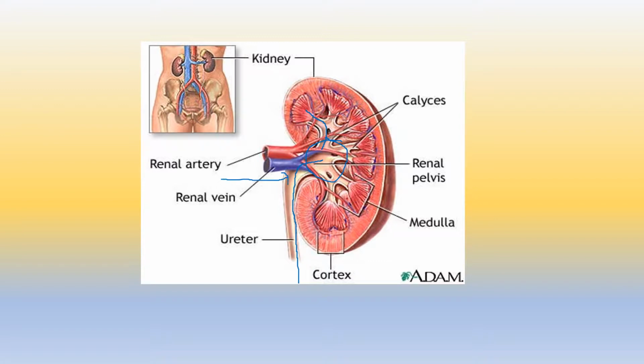The UP junction is right there. If you have a stone at the UP junction, it's up pretty high and it's got a long way to go. If you've got something at the UV junction, that's the ureterovesicular junction, and that's way down at the bladder.